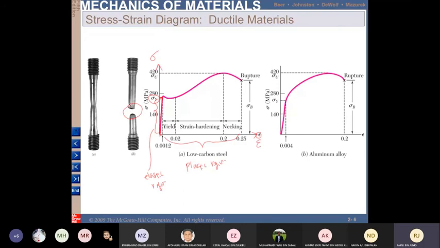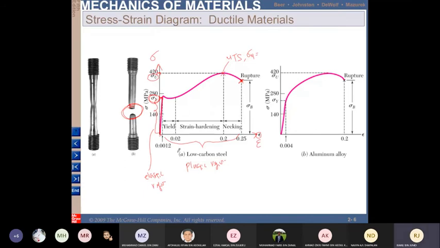Okay, this rupture or this fracture occur here, and this point is known as the ultimate tensile stress. Okay, or it is written as ultimate stress lah. Here, this one lah. Okay, this is yield point.